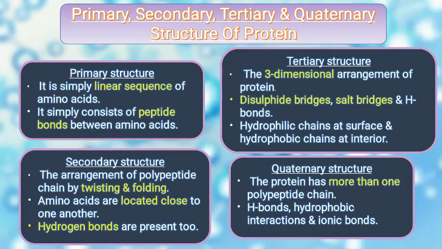The tertiary structure is the three-dimensional structure of protein having disulfide bridges, salt bridges, and hydrogen bonds. The quaternary structure has more than one polypeptide chain, and the interactions include hydrogen bonds, hydrophobic interactions, and ionic bonds.